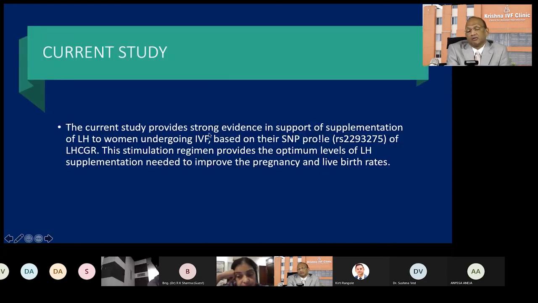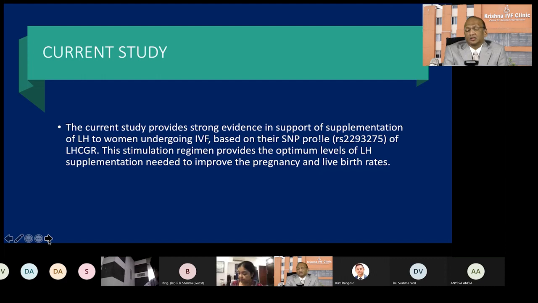This study has provided strong evidence in support of supplementation of LH to women undergoing IVF based on their SNP profile of LH-CGR. This stimulation regimen provides the optimal level of LH supplementation needed to improve pregnancy and live birth.